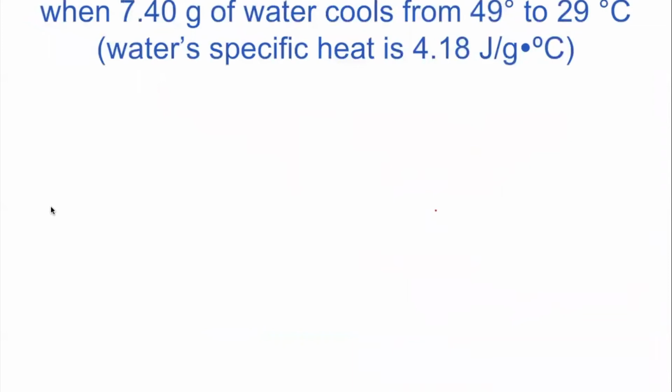Here's another question that you might want to try on your own. Notice that they're giving you the C of water. They are giving you your mass, which is 7.40 grams. Then you need to calculate the change of temperature, which is final minus initial.